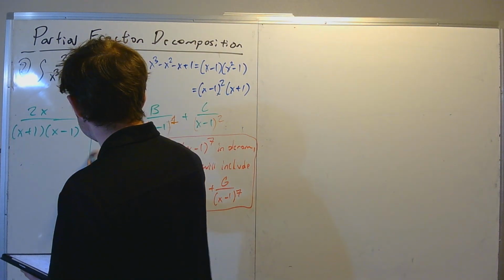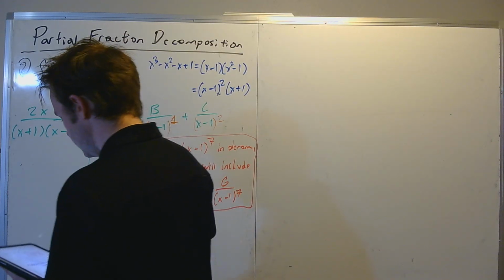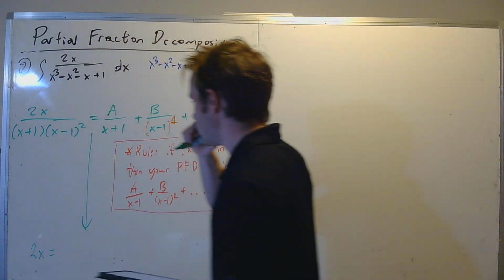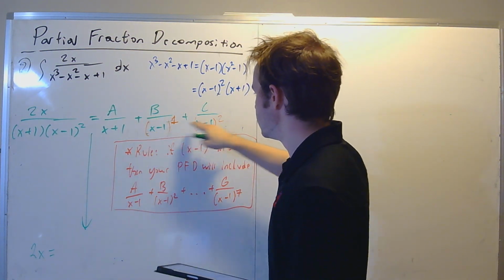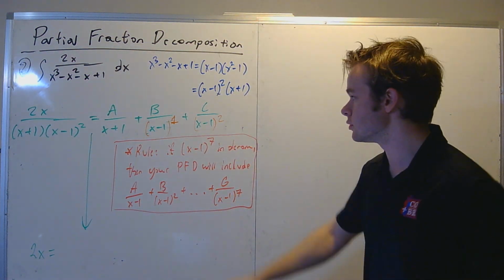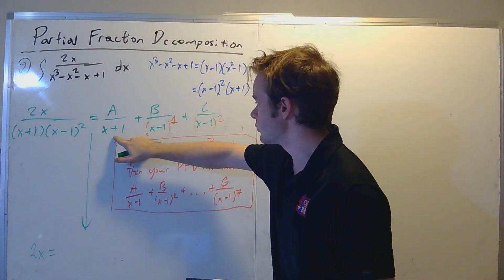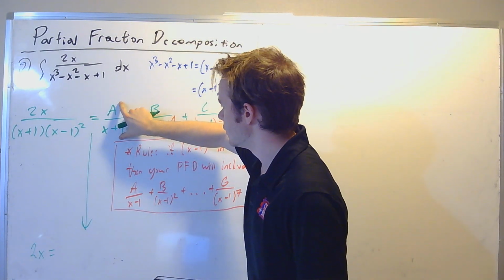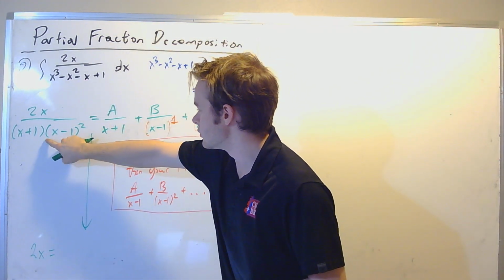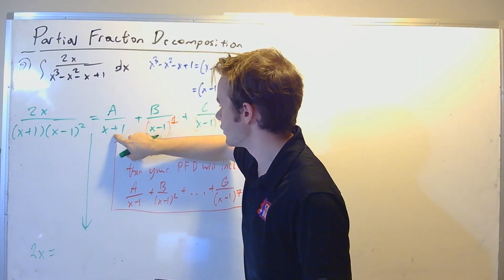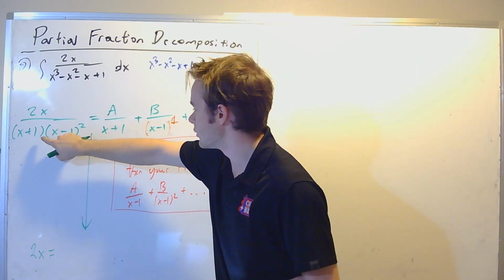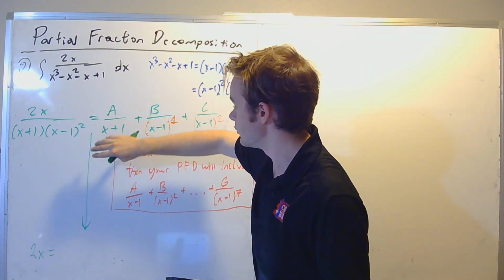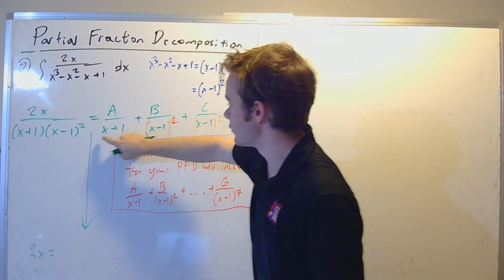So we know that 2x equals, okay, so if you want to combine all of these fractions, what you have to do is multiply both sides of this fraction by whatever you need so this denominator matches this denominator. So this denominator is x plus 1.